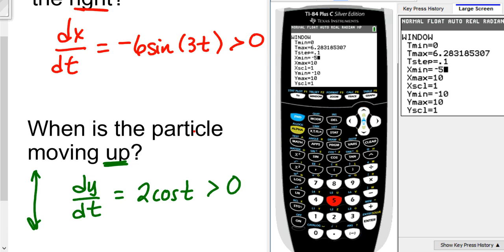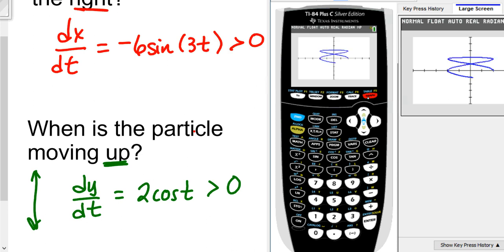That was kind of small in the middle of my space there. So instead of going negative 10 to 10, I'm going negative 5 to 5. It's a little loop-de-loop thing like that. Okay, well, that's great. But you know what? It doesn't really help me understand what's happening, okay?